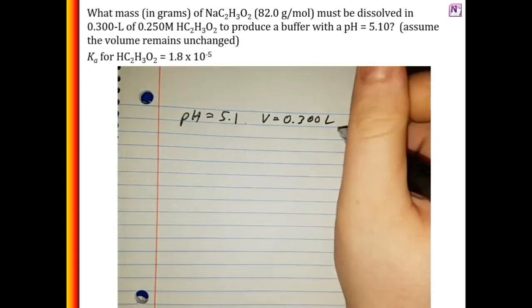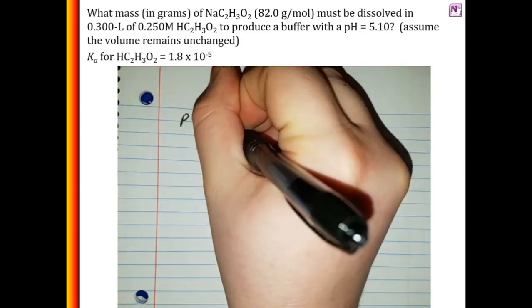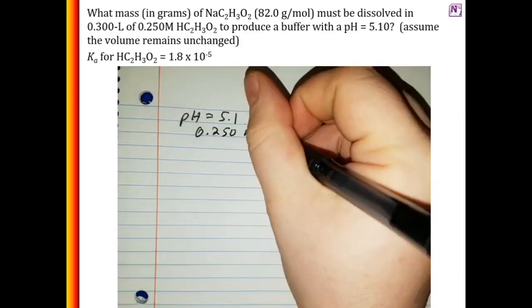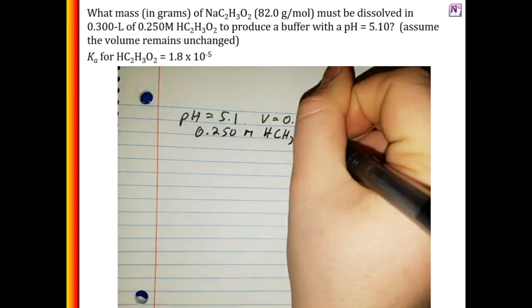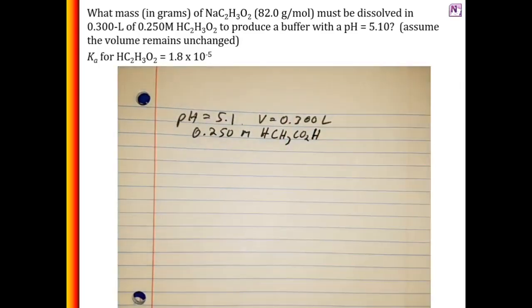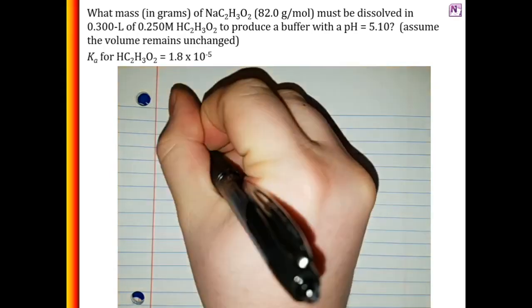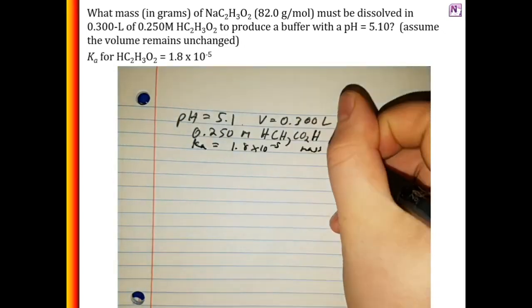They give us a concentration of 0.250 molar for acetic acid. I'd prefer to write it out that way, doesn't really make a difference though. And they tell us Ka is equal to 1.8 times 10 to the minus 5. We want to know what mass of sodium acetate.